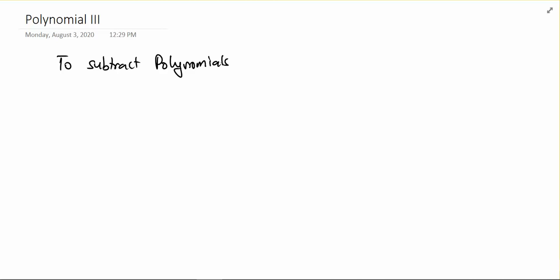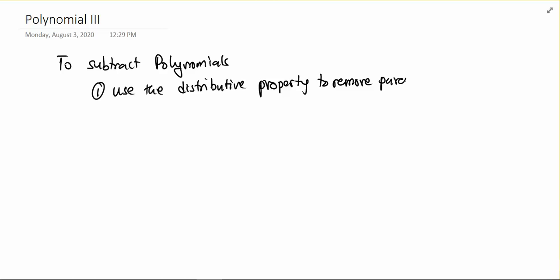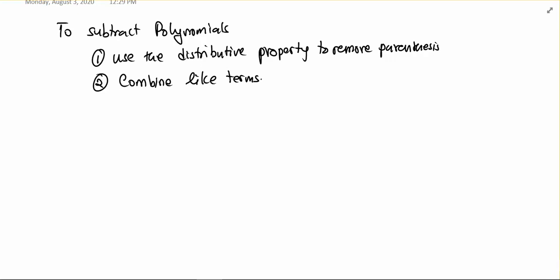You want to use the distributive property to remove parentheses, and then you want to combine like terms. So let's talk about step one for a minute.